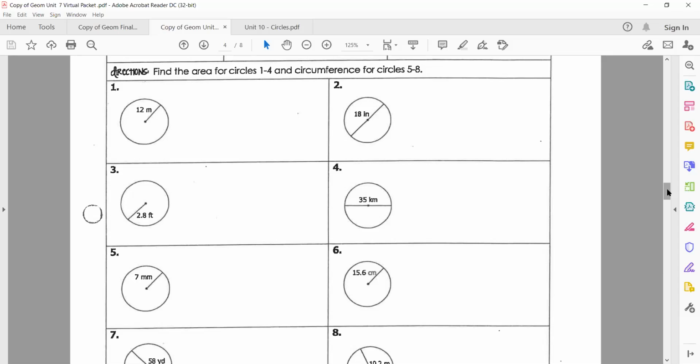So the first set of problems here says find the area for circles 1 through 4 and the circumference for circles 5 through 8. Okay. So what's our equation going to be for problem number 1? Well, we're talking about area, so we're going to be using pi r squared.